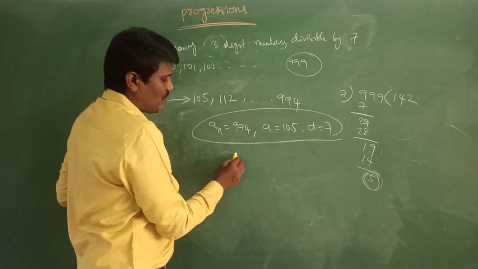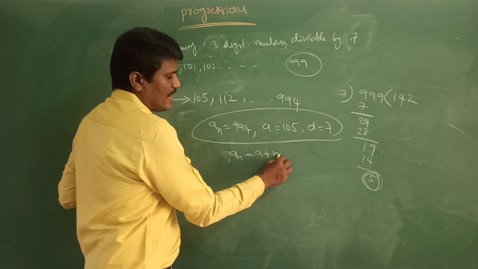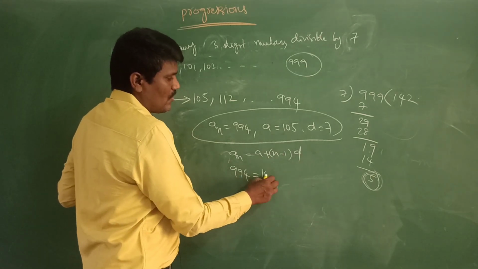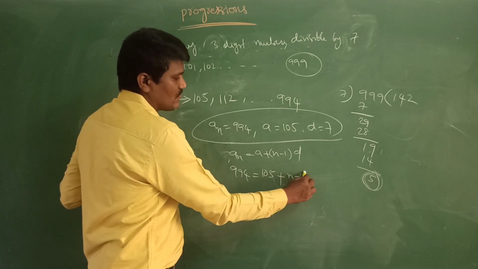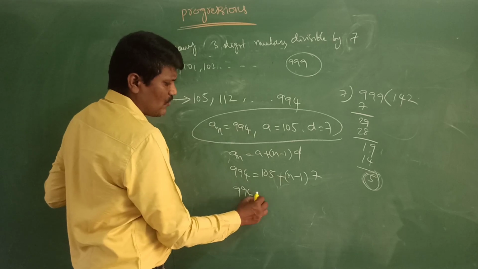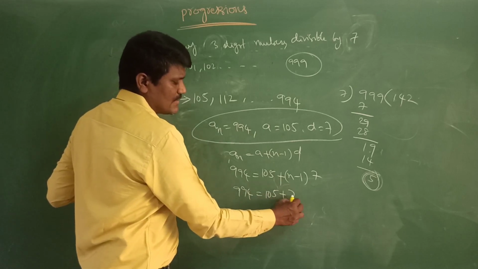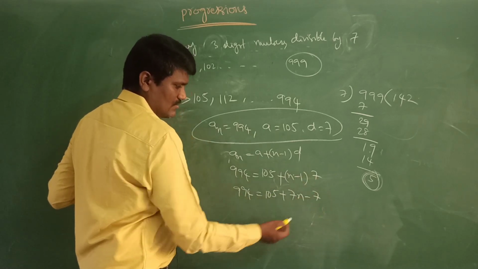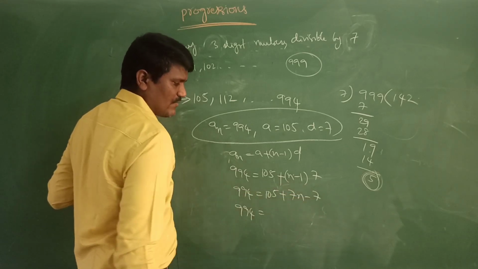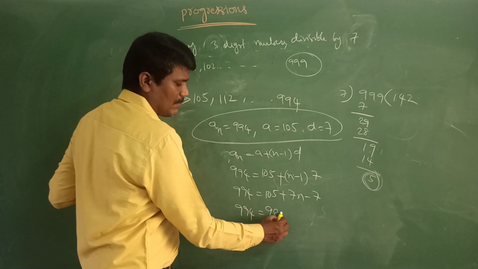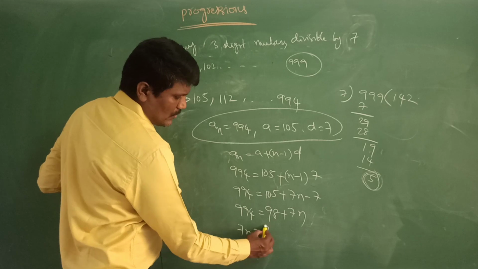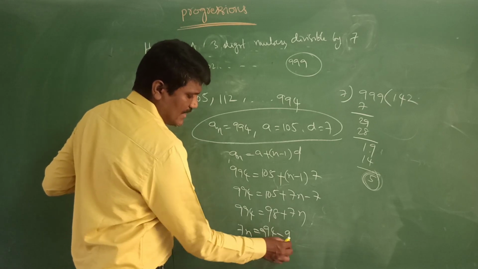So the formula is an is equal to a plus n minus 1 into d. 994 is equal to 105 plus n minus 1 into 7. So you can write 994 is equal to 105 plus 7n minus 7. So you can write 994 is equal to 105 minus 7, which is 98, plus 7n. So that is 7n is equal to 994 minus 98.